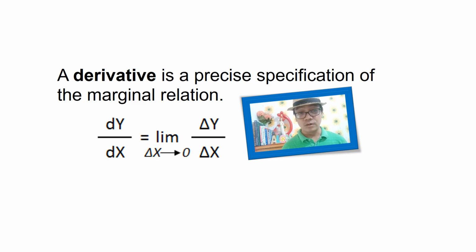By convention, economists use d to represent very small changes in a variable. Hence, dy over dx means changes in y relative to very small changes in x. For changes between two distinct points, the delta sign is used.